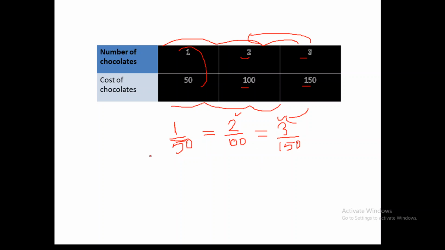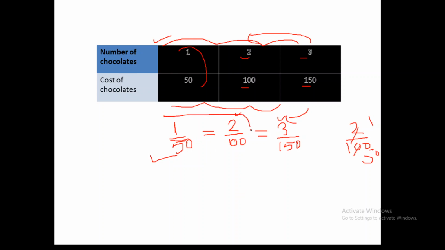Yes, they are like fractions. 2 by 100, its simplest form is what? 1 by 50, right? 3 by 150 also we can simplify into 1 by 50. Okay, so this situation is a direct proportion.